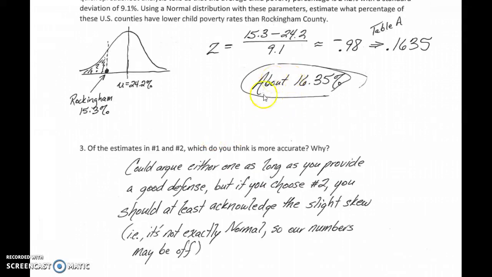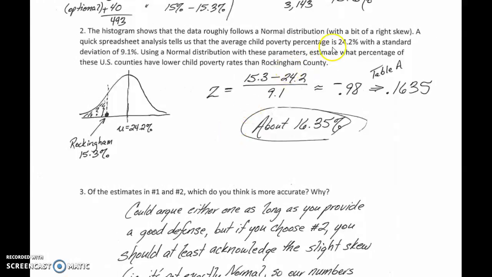And the only thing with that estimate is you do want to recognize that it was a slightly skewed distribution. So when we use this mean and standard deviation, we're thinking of a theoretical, a perfect distribution with this mean and this standard deviation. And so it did actually look pretty close to normal, and the reality is it is almost right there.